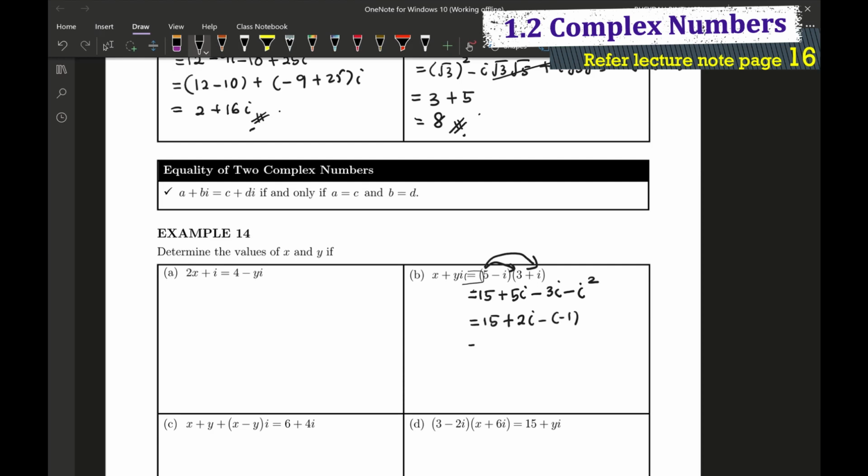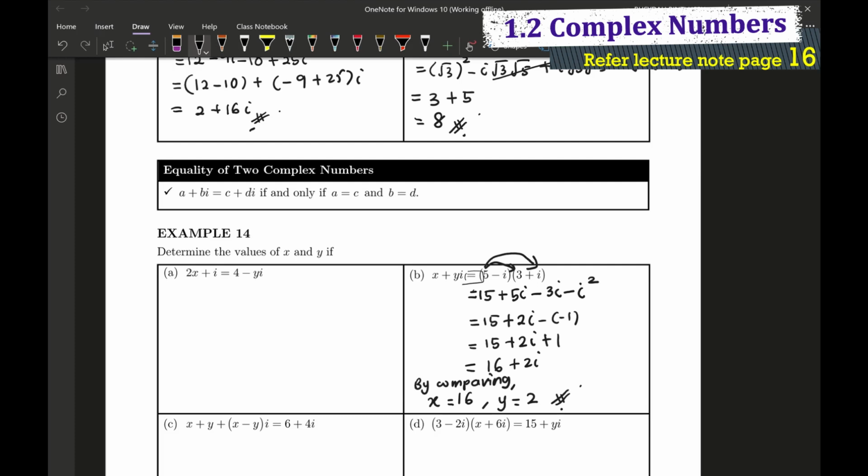So here we get 15 plus 2i plus 1, and the final answer is 16 plus 2i. So at the end, by comparing, we get x equal to 16 and y equal to 2. Okay, and that's it.